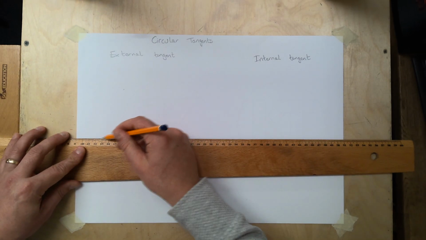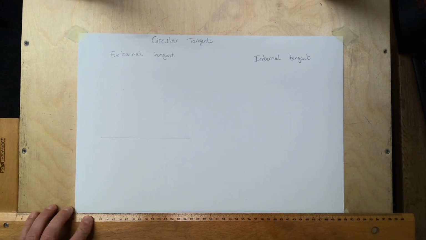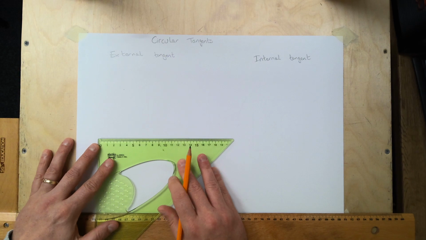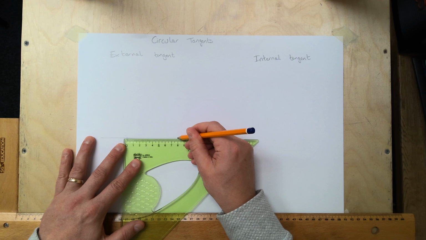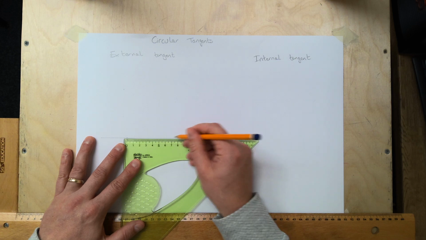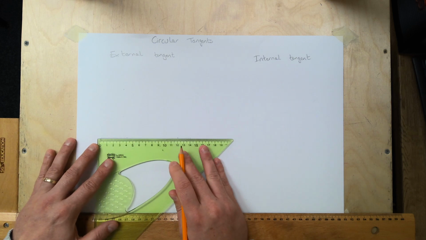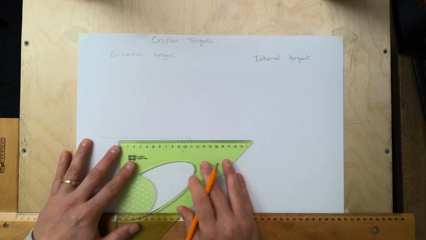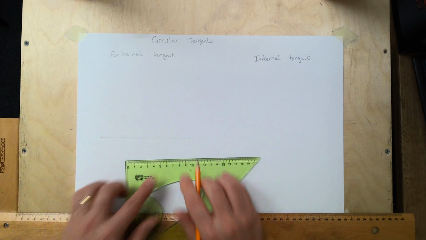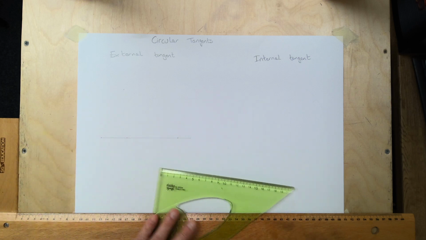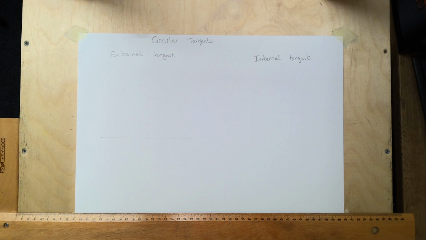So horizontal line, and we have one center point, and we're going to go 80 to the next center point, and a radius. So I've put in my 80 centers, and from them I've just measured out the two radii.